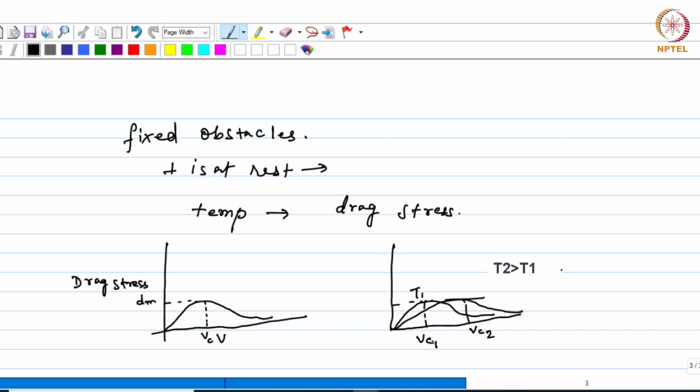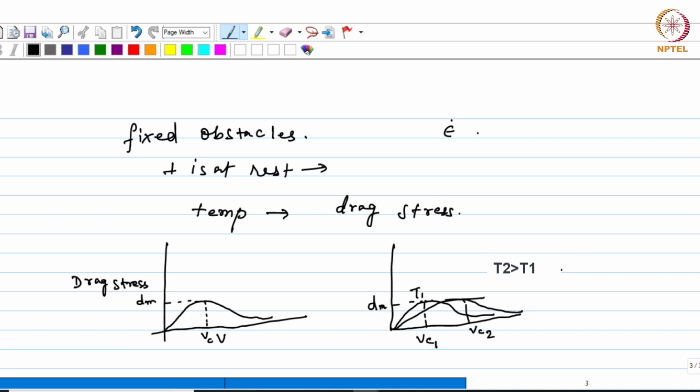So to obtain the same maximum drag stress, the velocity of the dislocations has to be increased when the temperature is increased. And you can also see the effect of strain rate, because that is also related to the velocity of dislocations through this relationship.